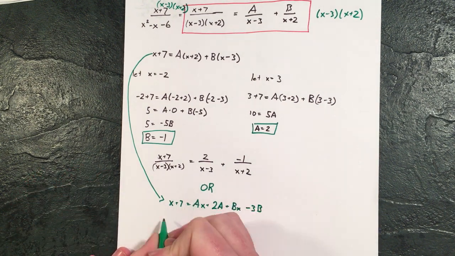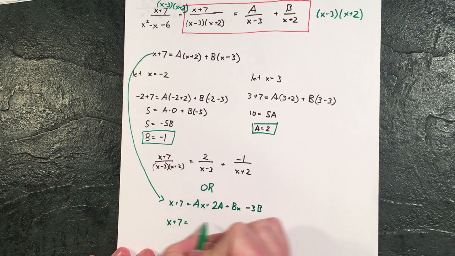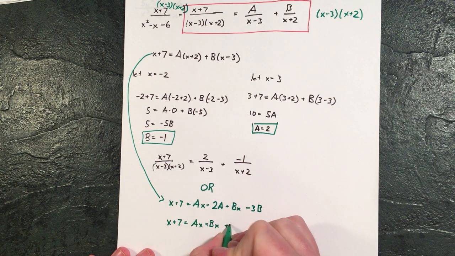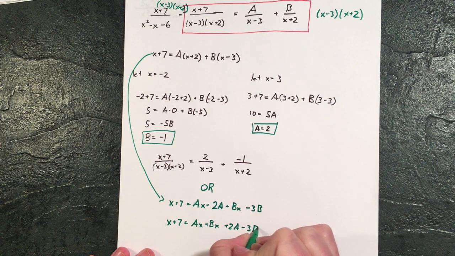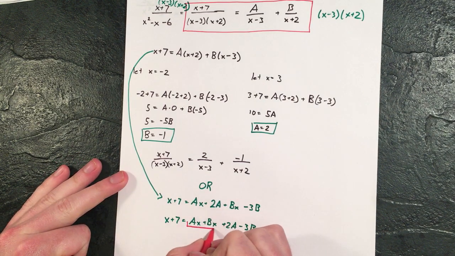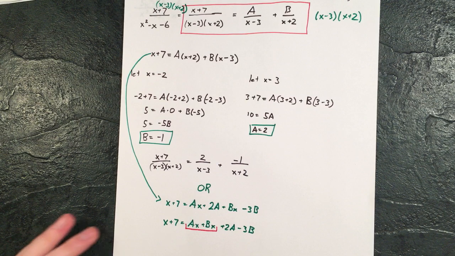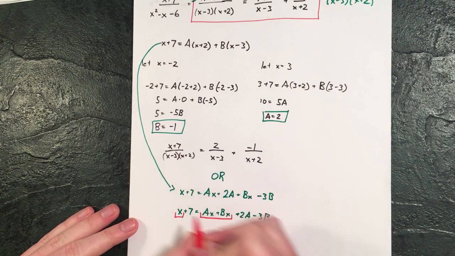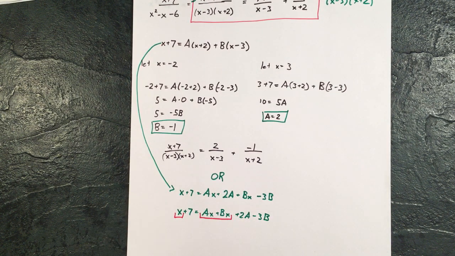And we could rearrange this. So I'll put the x's first, the non-x's second. What we should be thinking here is that ax plus bx has to equal 1x.